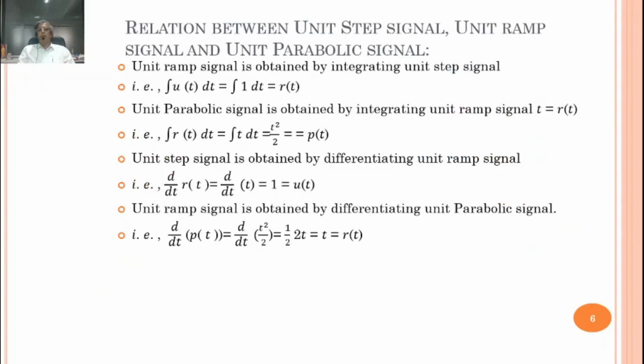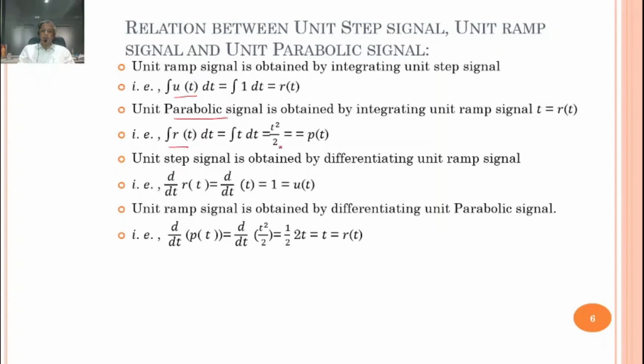Then the relation between the unit step signal, unit ramp signal and unit parabolic signal. As we discussed, the ramp signal is obtained by integrating the unit step signal, and the parabolic signal is obtained by integrating the ramp signal, that is t square by 2.